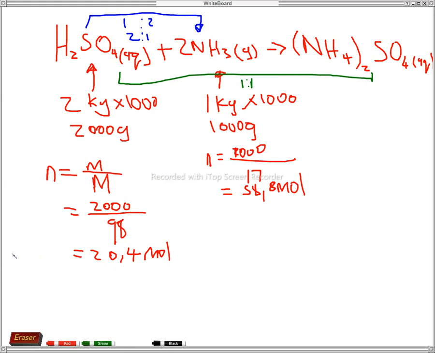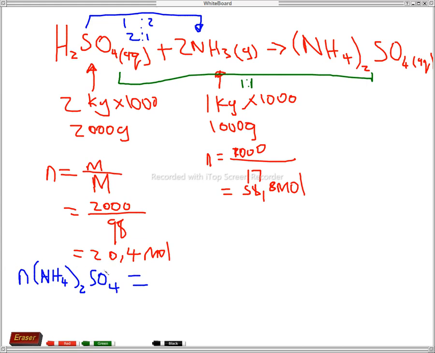So let me start with the blue marker. My formula is going to be n of... let me say I determine the number of moles of this, (NH4)2SO4.